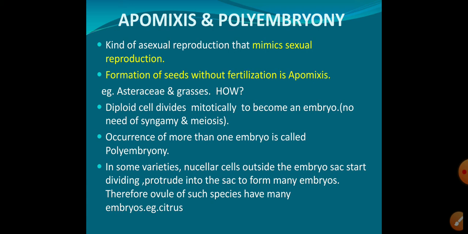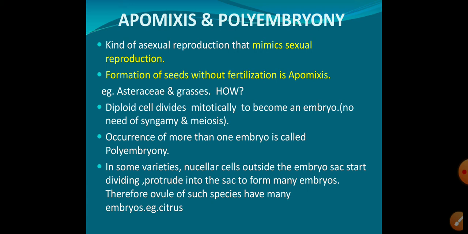So remember that is where it differs from apomictic seeds. Apomictic seeds are going to produce seeds without fertilization. So fertilization, that is male and female gamete, is not required. Just one diploid cell is going to get regenerated into an embryo.